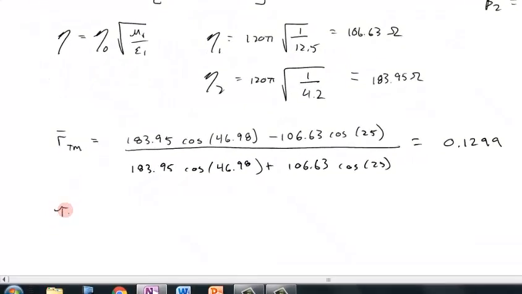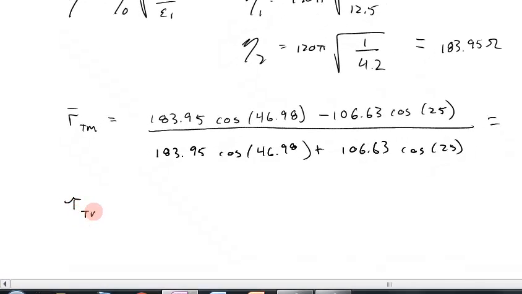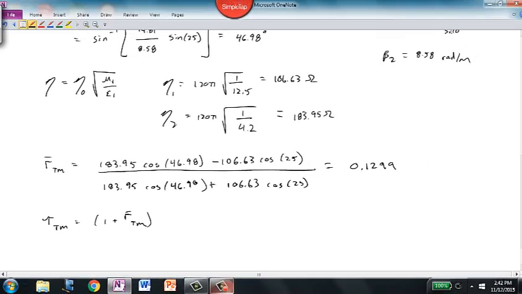The transmission coefficient for the TM mode is equal to 1 plus the reflection coefficient in the TM mode. We have to account for the difference in the angles, though, and we use theta I and theta T in that calculation.